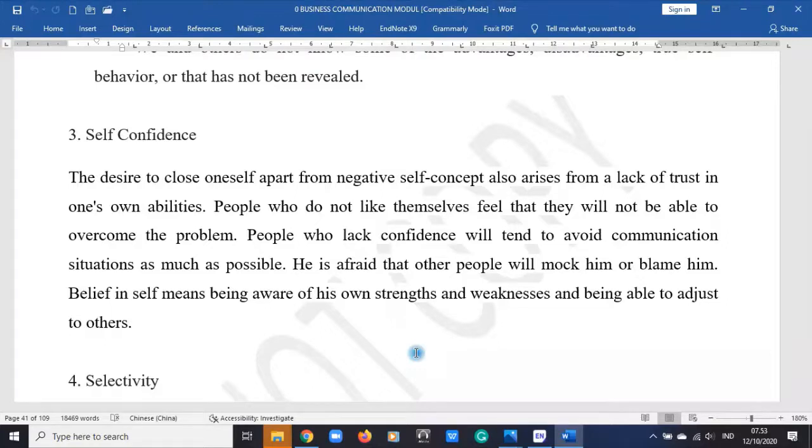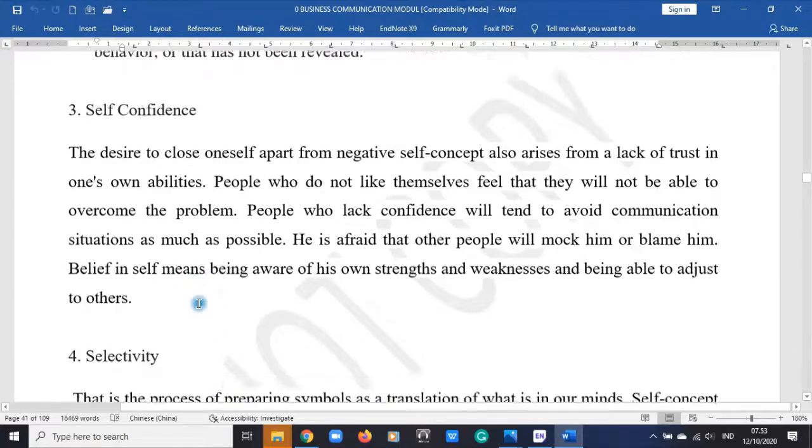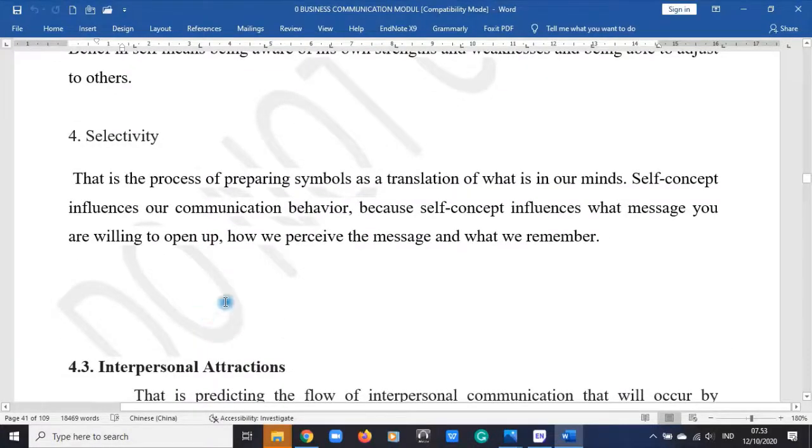We can embrace ourselves. But if it's related to personality or many other traits, we can fix it later. But now we must have this self-confidence because all of you have your own strengths. So please be confident.